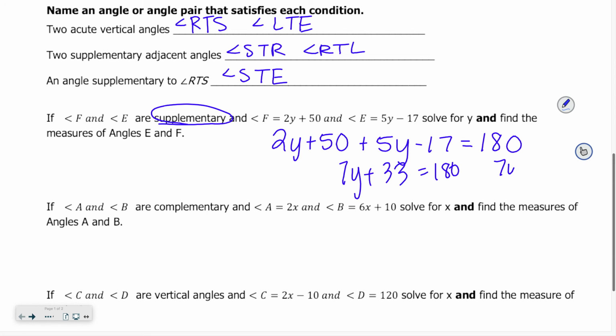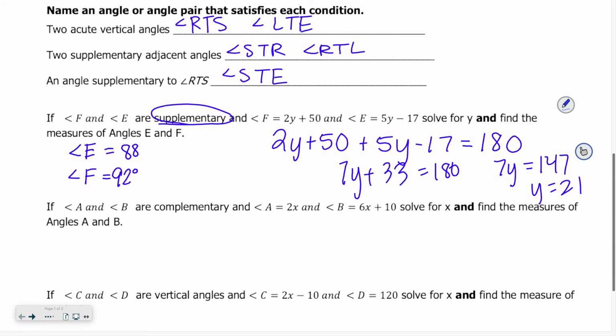So 7y equals 147. So y equals 21. And then we have to plug them back in to angle E and angle F. 92 and 88. 92 for F.